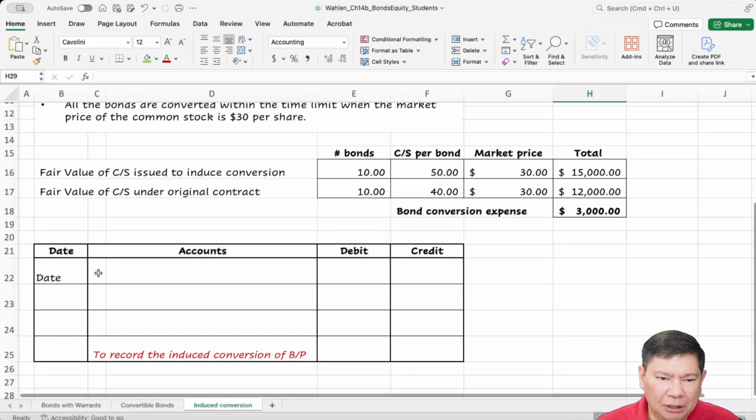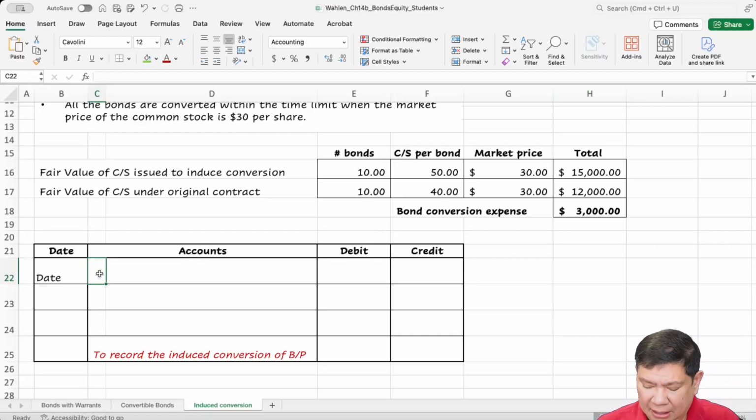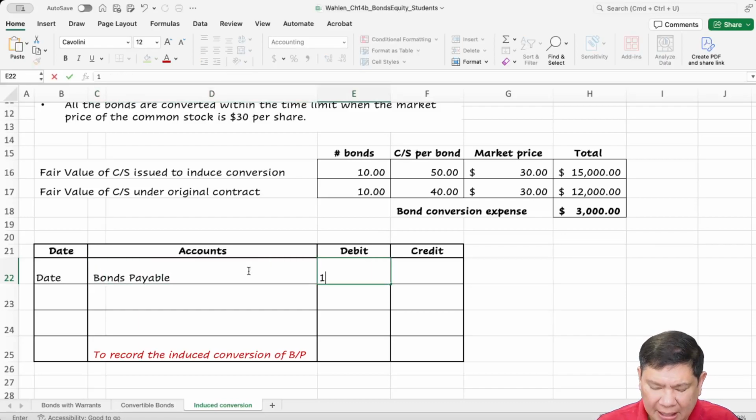Okay, so the bonds payable, if they are exercised, the bonds payable will be canceled, $10,000.